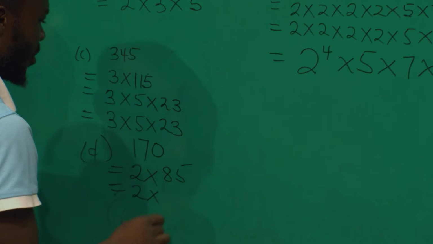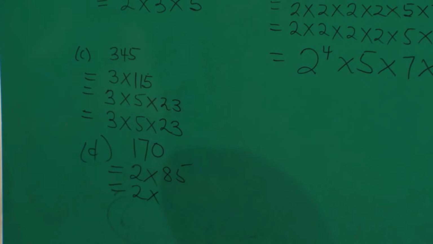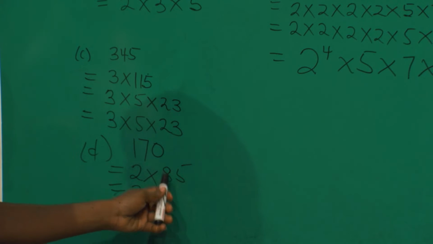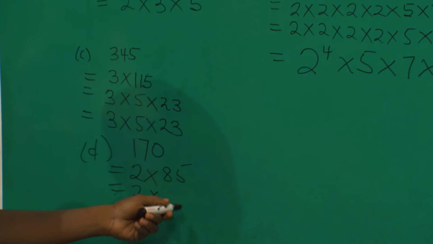So 2 times, because of the 5, 2 can't go again. So what we are supposed to do, we go to the next prime number. And the next prime number is 3. Okay, so 3 goes into 8, 2, 6. Then you get 2, add 5, 25. 3 times what gives 25? There is no number. So we go to the next prime number, which is 5.